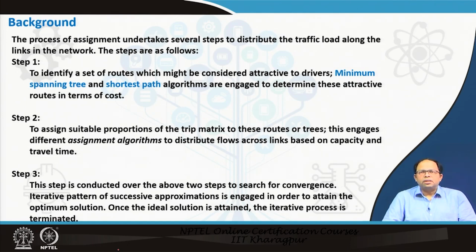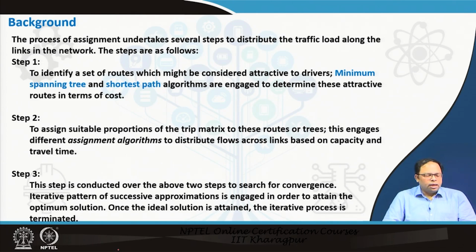Because if there is only one route, the entire amount of trips for a particular interzonal trip volume would be assigned to that route. If there are multiple alternative routes, a certain proportion of the trips would be assigned to each of these routes. So, our job is to understand how we divide this proportion, and for that we use these assignment algorithms, and that is what we will learn in this lecture.